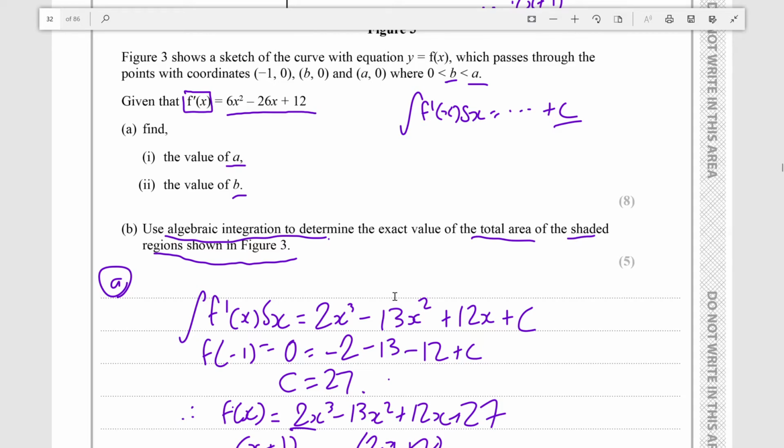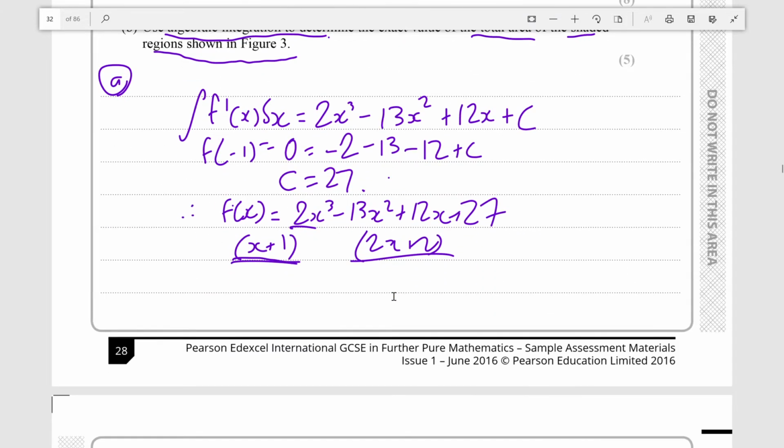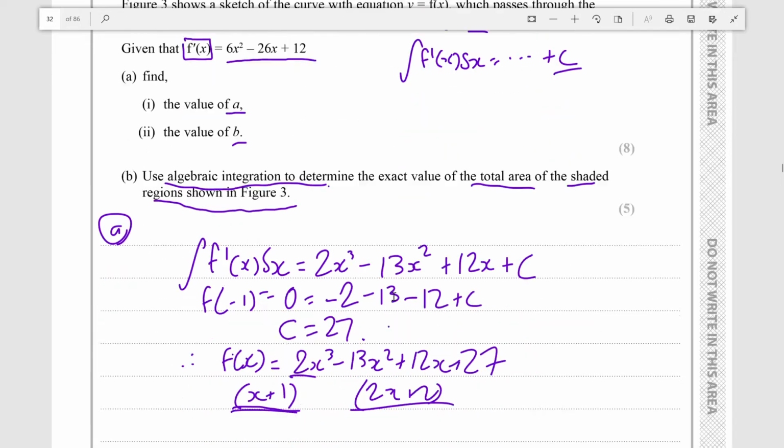Now, let me just check that I've integrated the correct equation here, because I am concerned that I have not done it correctly. Yes, indeed, I have not done it correctly.